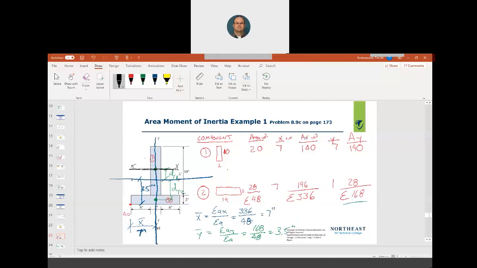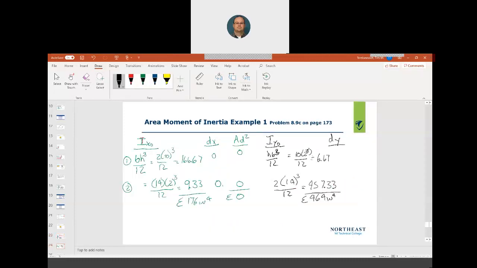So 7 minus 3.5 will give me that number, and that is 3.5. So dy for component 1 is 3.5.